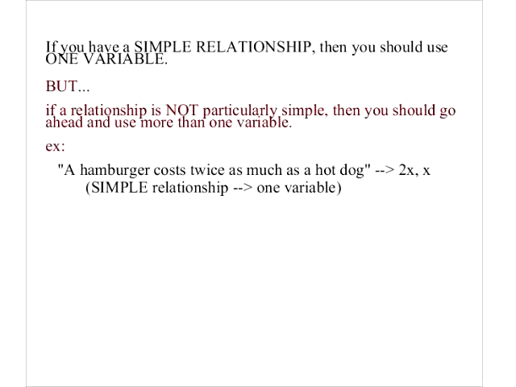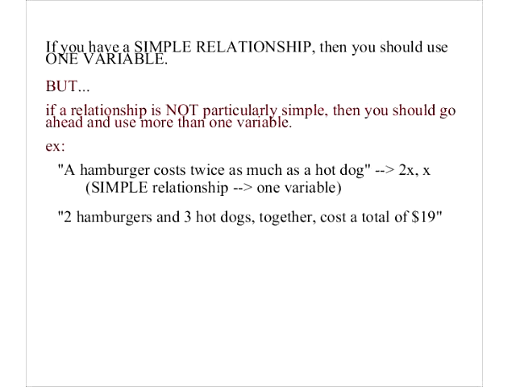However, if you say 2 hamburgers and 3 hot dogs together cost a total of $19, then it's okay to say 2x plus 3y equals 19. Because this is not a simple relationship.